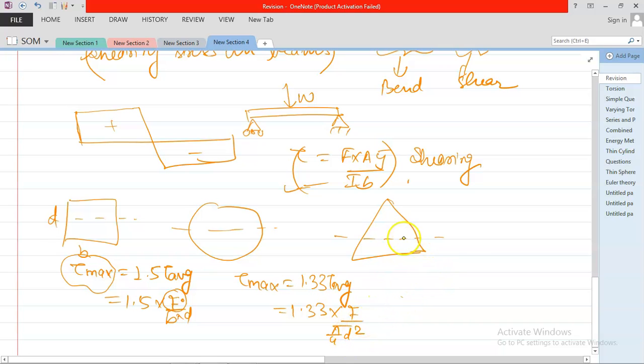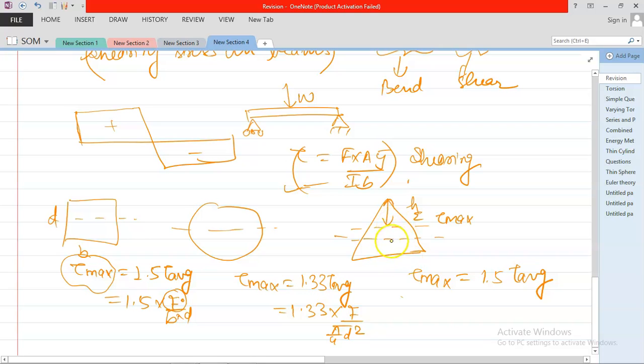Now, in this section, what is the tau max? Here there are two things. The tau max doesn't occur at the centroid, it occurs at h by 2 distance. So at h by 2 your tau max occurs, and that is 1.5 times tau average.